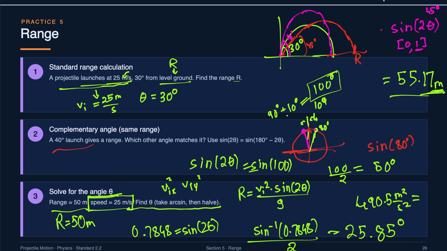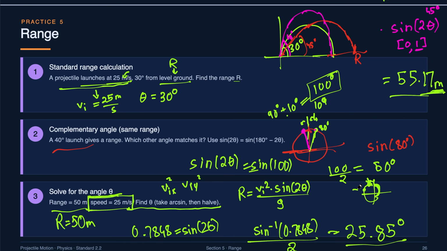So the other thing you need to remember is the domain for arc sine is only pi over 2 to negative pi over 2, right? So this first half of the unit circle. But you have to remember that there's also this thing over here. So how do I get that? I have to manipulate this 25.85 degree angle to get that one. So if you know how we're going to do that, it's going to be over here, right?